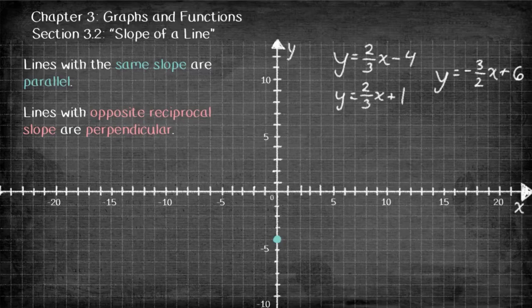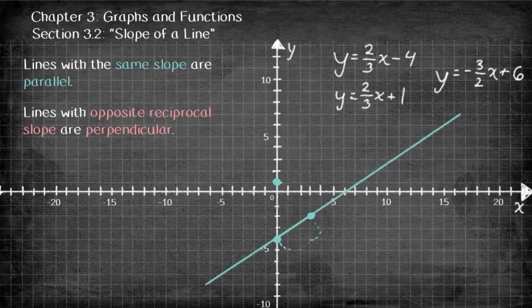This one point here is the y-intercept of the first line, y equals 2/3 x minus 4. And here is the y-intercept of the other line. So let's graph that first line. We go 3 steps to the right, 2 steps upward, and there we have our first line.